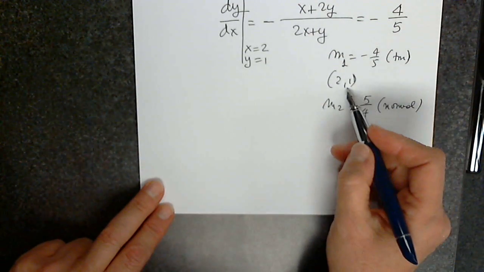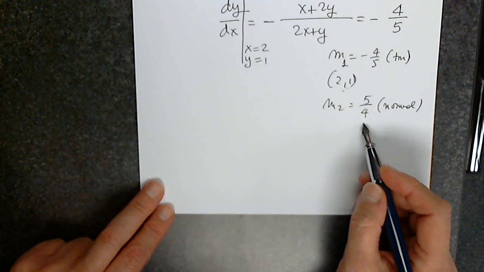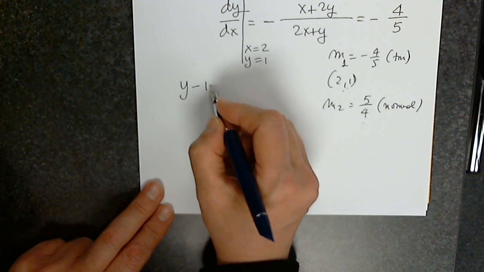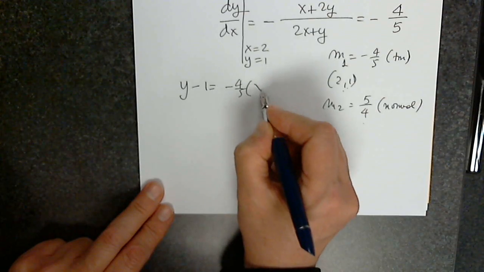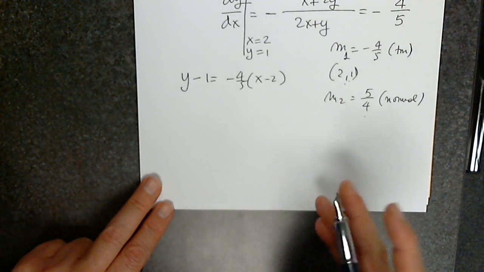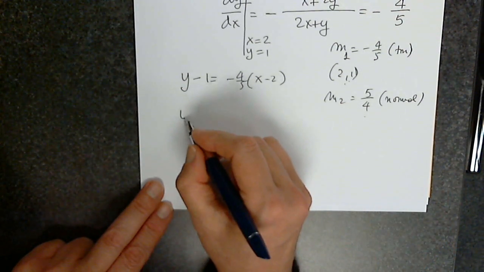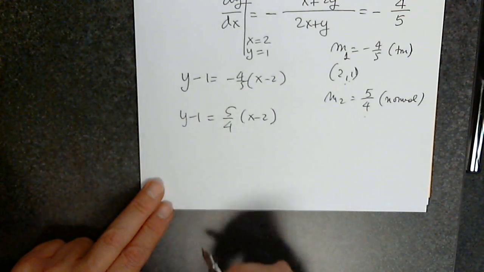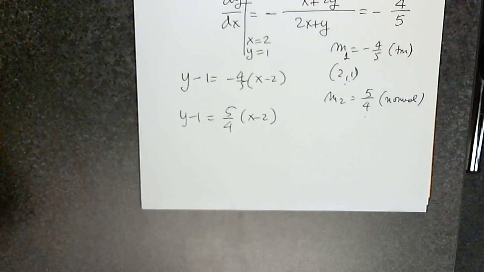So now I have the point and the slope. I'm going to determine the tangent: y minus 1 equals negative 4/5 times x minus 2. And the normal line will be y minus 1 equals 5/4 times x minus 2. And I have to solve for y.